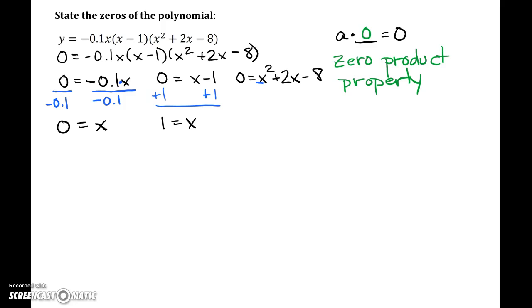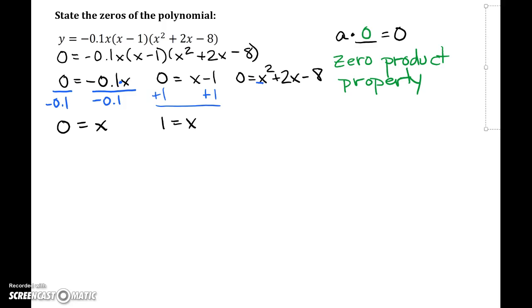Now this third equation is going to be a little bit more challenging because it's not easy to solve. We don't have a single term with x in it, we have 2 terms with x in it. So we have 2 options. We can either write the equation in vertex form, or we can write the equation in factored form. I'm going to try to get it in factored form first because it's a little bit easier than using vertex form.